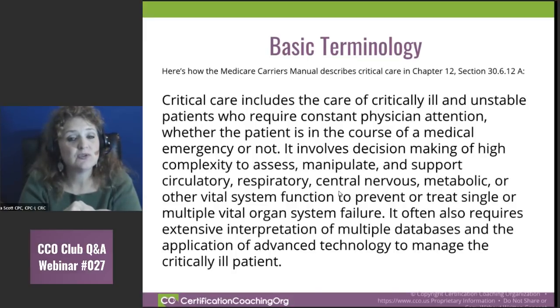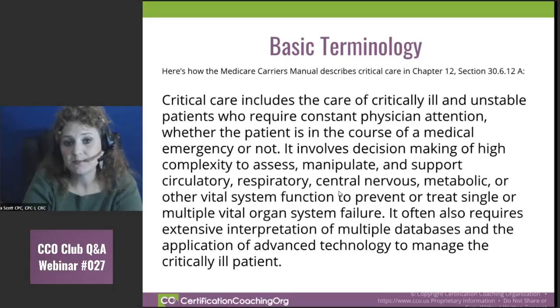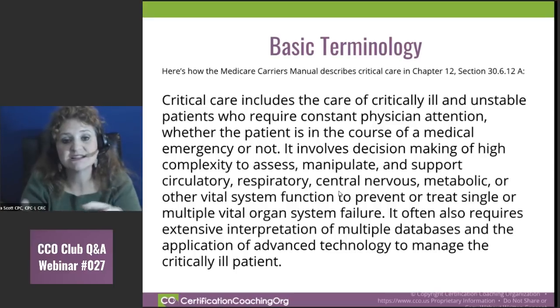And so decision making for E&M for critical care isn't the same as it is for an established patient or a new patient in CPT for outpatient services, and it's not the same as an inpatient status. Well, of course, you're not going to be doing E&M there anyway. It is kind of the only area that has that E&M component for inpatient is critical care.